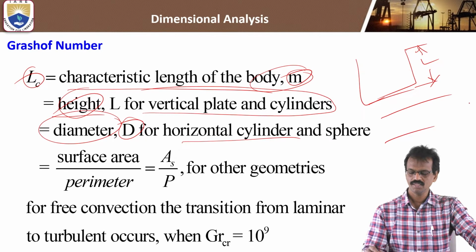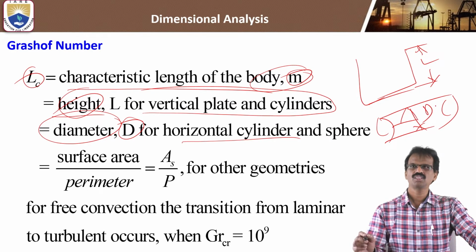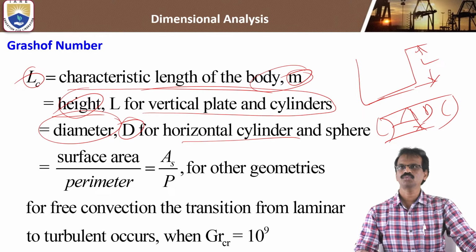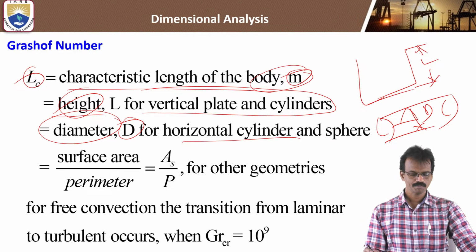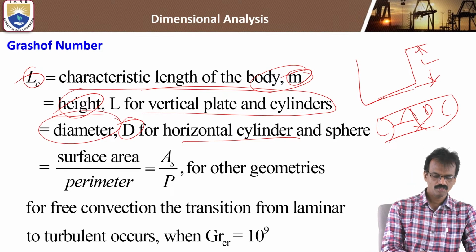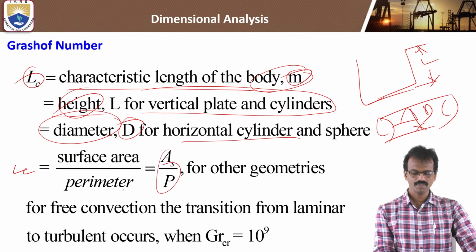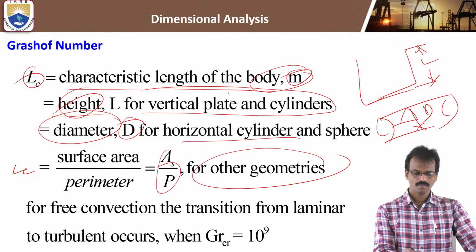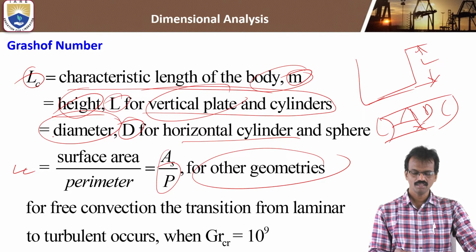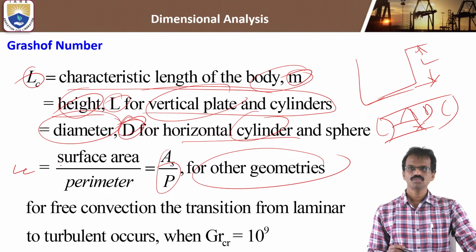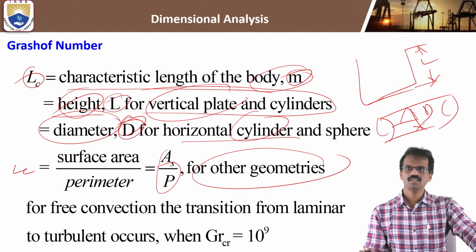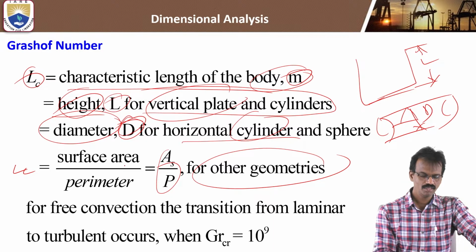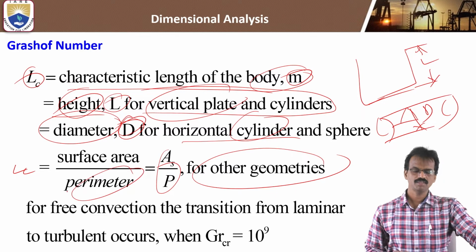In the case of horizontal cylinders and spheres, we have to consider D. For some other geometries, Lc is equal to surface area by perimeter, As by P. So for the vertical plate, we take the length directly; for the cylinders, we take the diameter; and for other geometries, we take the surface area by perimeter value.